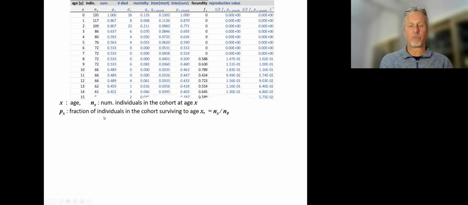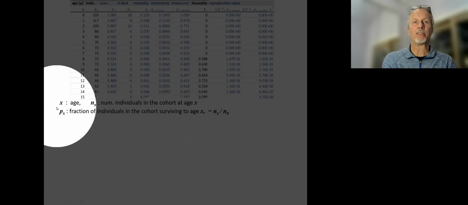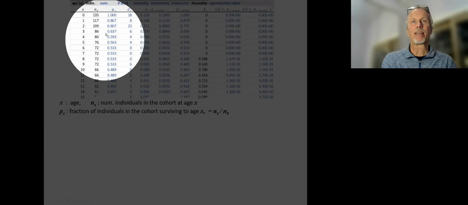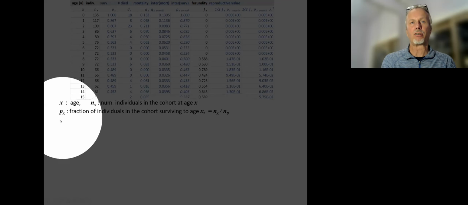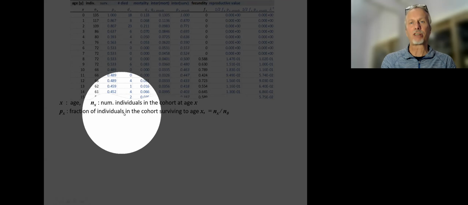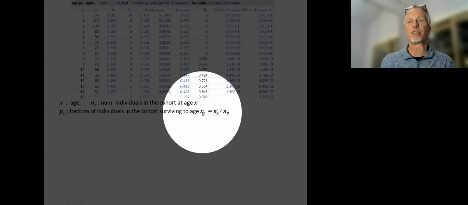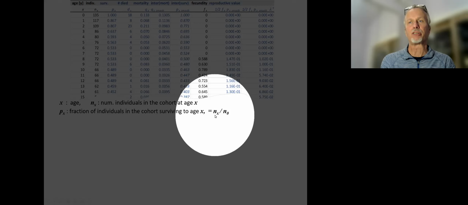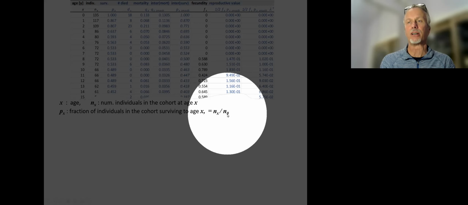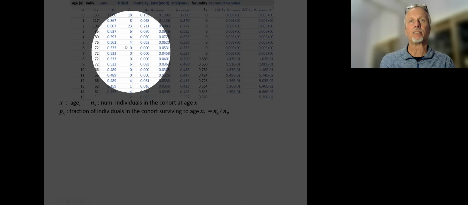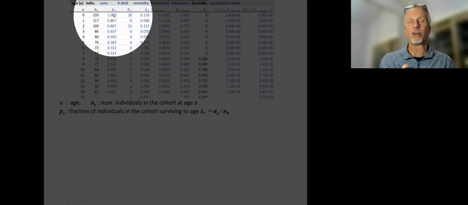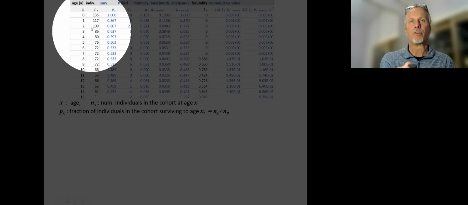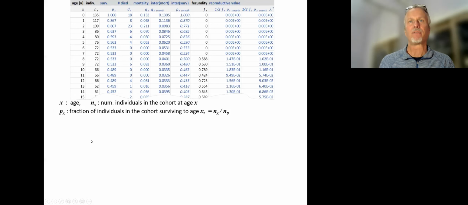Okay, so we have here X and N of X. Well, we can derive, in the third column, P of X, the fraction of individuals in the cohort surviving to age X, which is equal simply to NX divided by the root of our cohort, N0. And so we have derived these survival rate functions for each observation that we have.